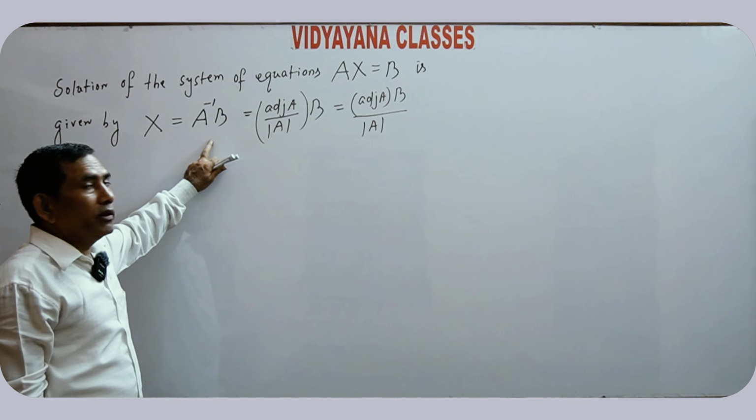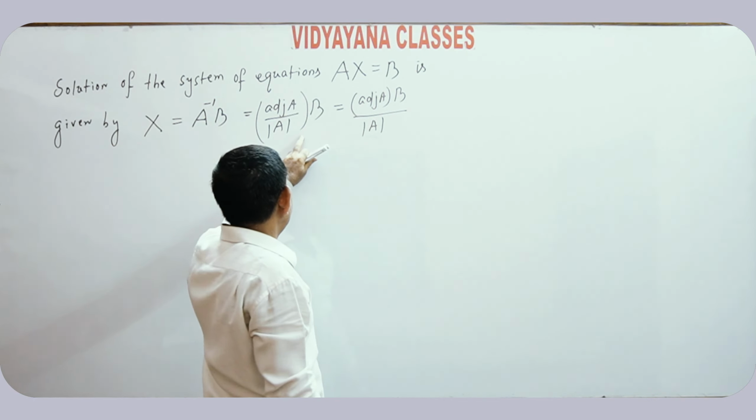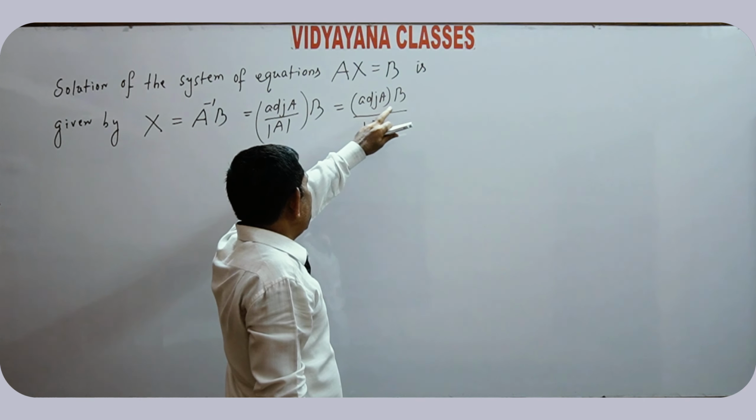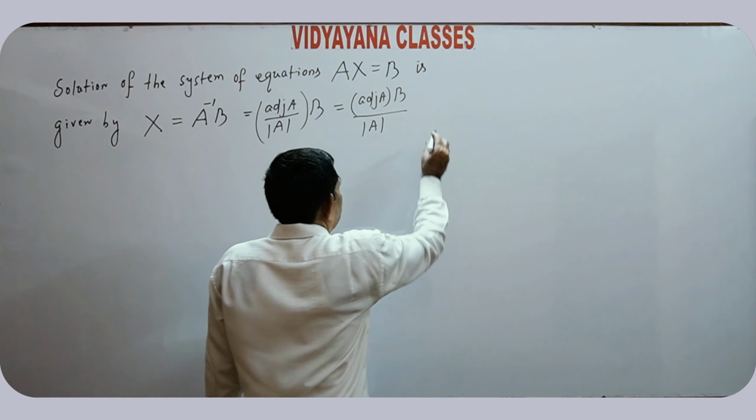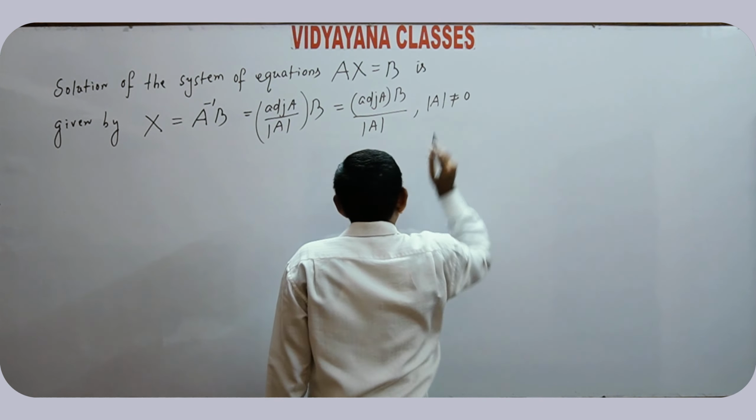A inverse is equal to adjoint A divided by determinant A, which is same as adjoint A into B divided by determinant A, and determinant A not equal to 0.